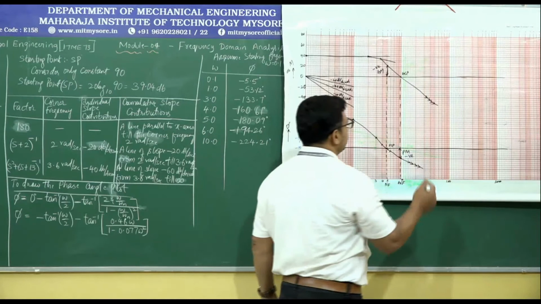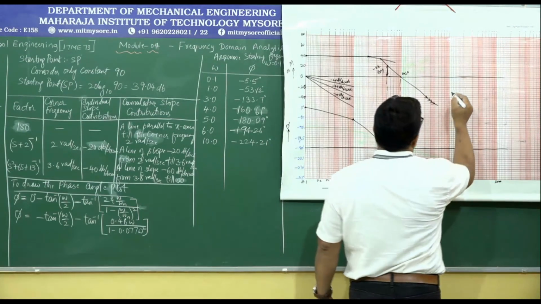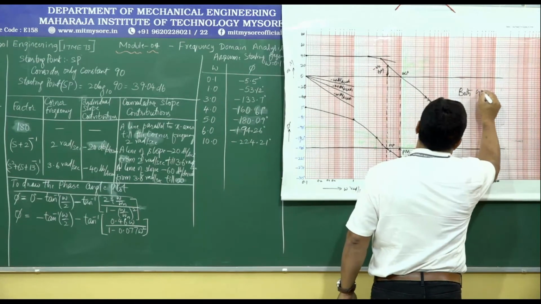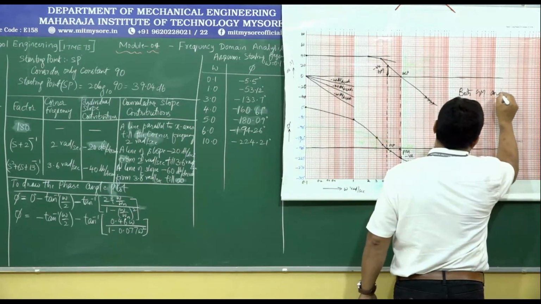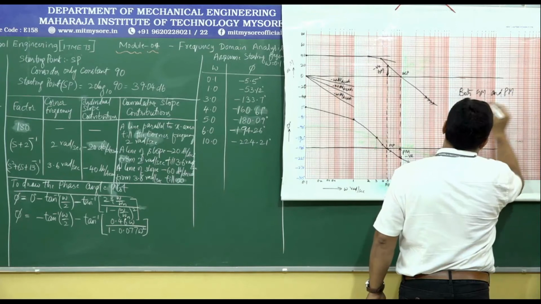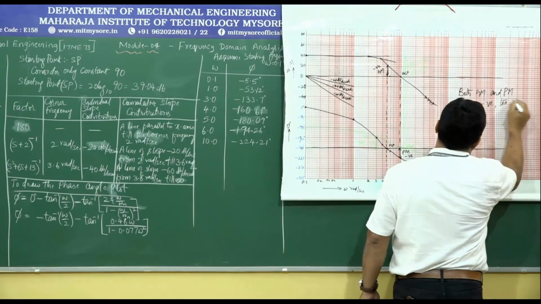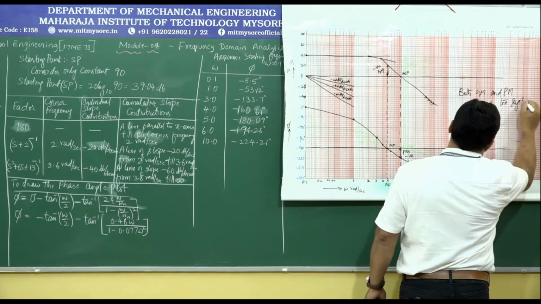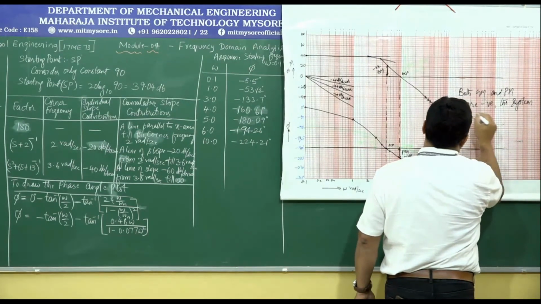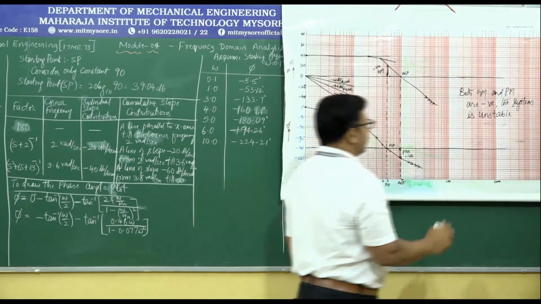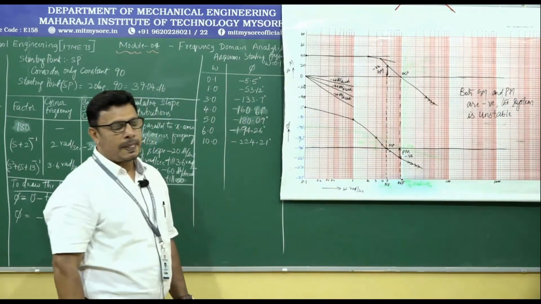So here, as you can see, both gain margin and phase margin are negative. The system is unstable.